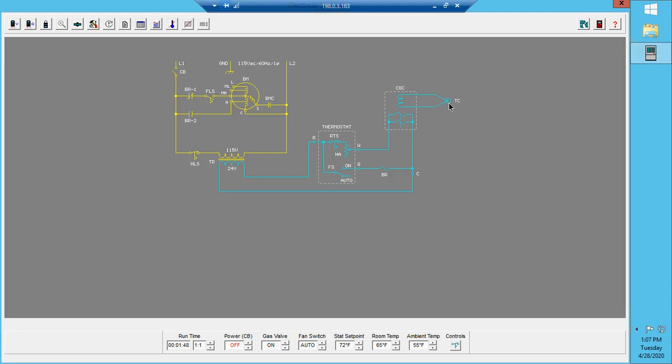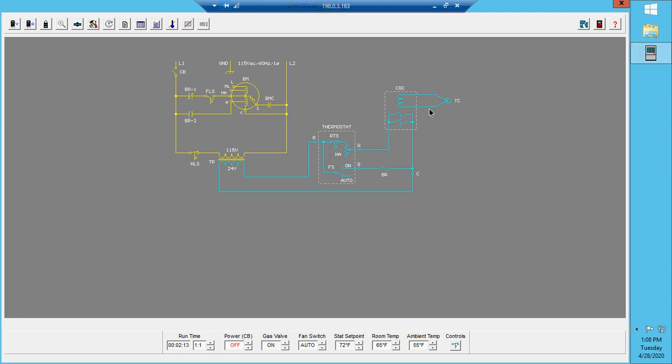That tells me this thermocouple is getting hot enough, generating enough electrical voltage, millivolts, to energize the coil inside my gas valve to keep it open so that I can have a pilot flame. I can rule this out. This is working.